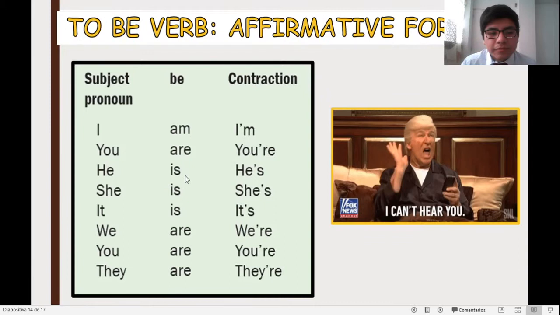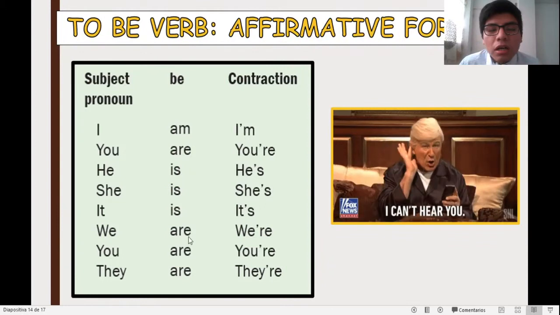Then you have we are. We are. Okay. We are. You need to pronounce this correctly. Are. Look at my mouth. Are. Okay. Then you have you are. And the last one, they are.